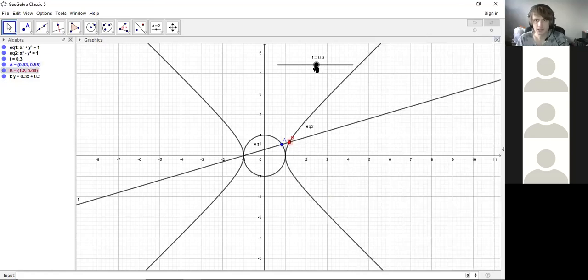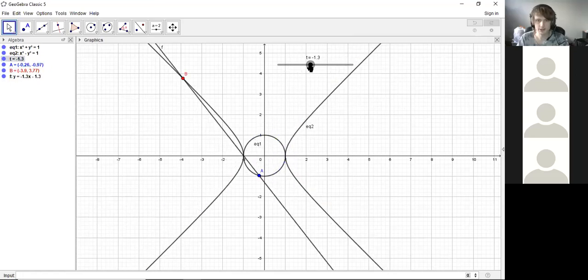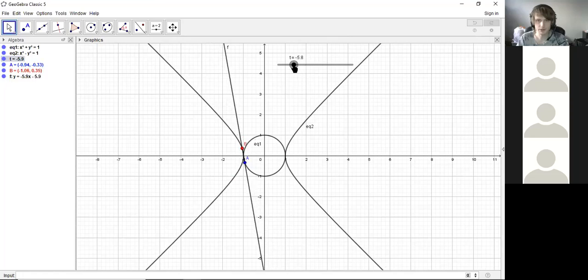Okay. So these parameterizations are pretty nice because they give you exact values on the circle, except there's one problem with it. Who wants to see if they can figure out the problem with this one?